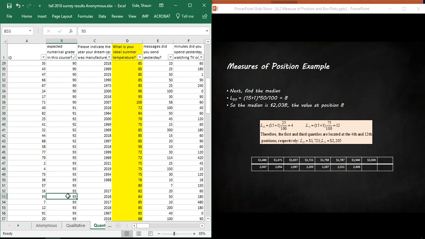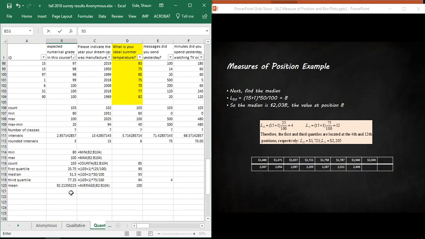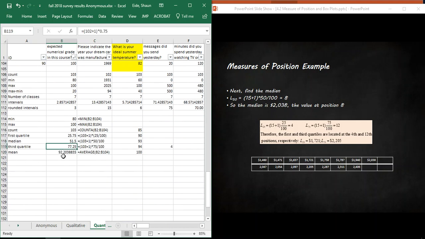But if this was 94, then you take the difference, which is 1, you would multiply it by 0.5, so it would be 93.5. And then for the third quartile, you would take the difference between the 77th and the 78th, multiply that by 0.25 and add it to the 77th.